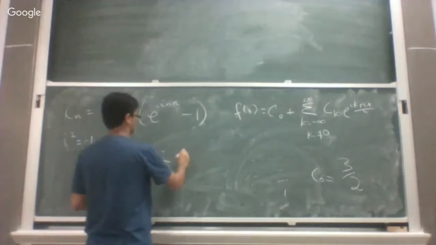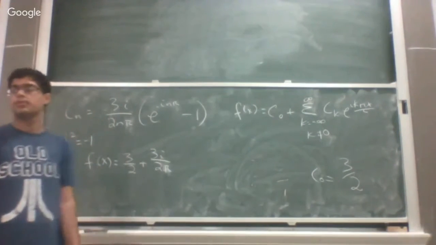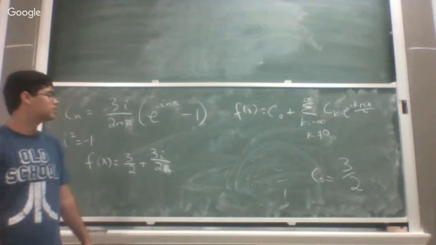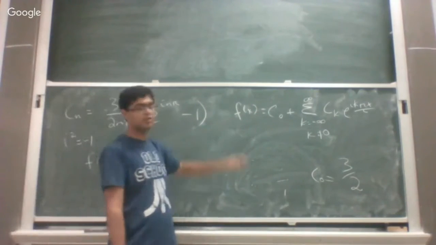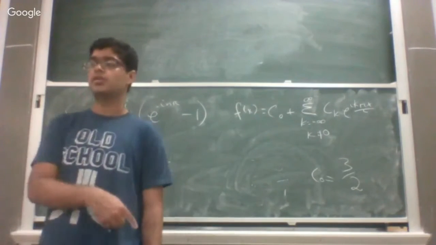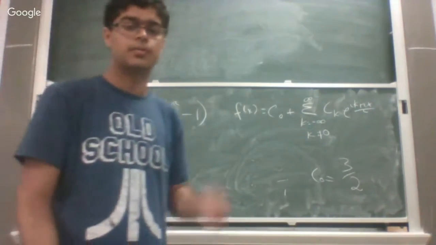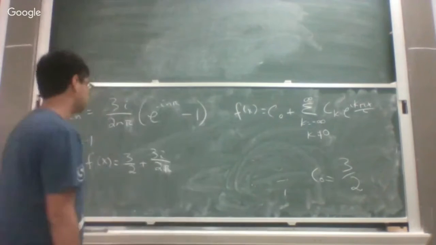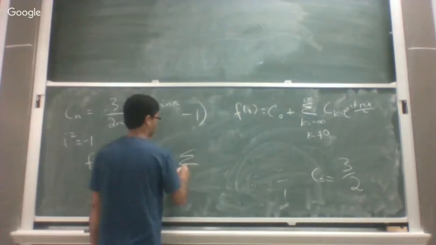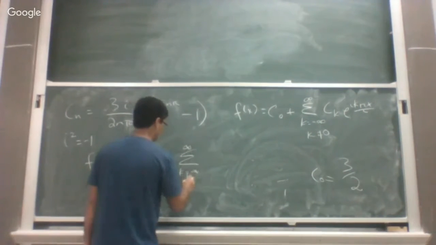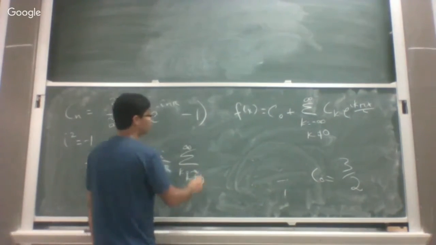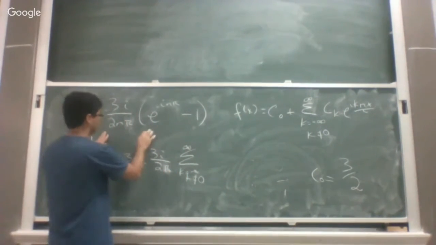Do we need to remember all this formula? For complex, it's given to you. For the even and for the normal Fourier series, you have to memorize. So then it's the summation of k going from negative infinity to infinity, where k cannot equal 0, of c sub k. This is our c sub k.